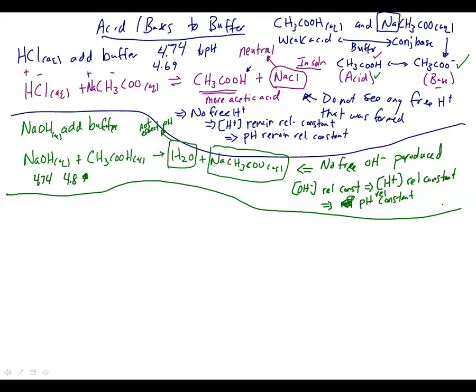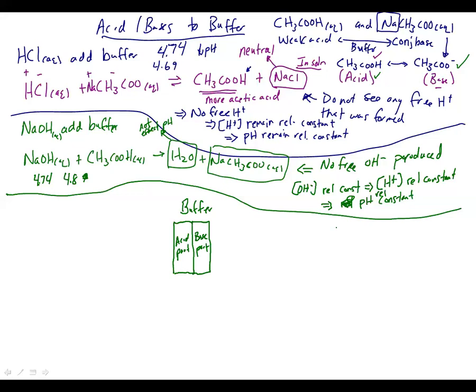So just to visually draw it out, if you had a buffer, it will have an acid part and it will have a base part, and if this is our buffer.